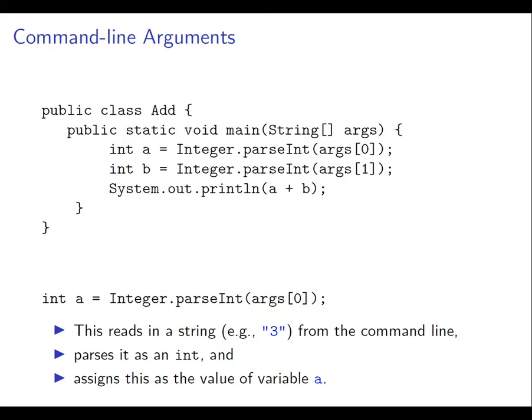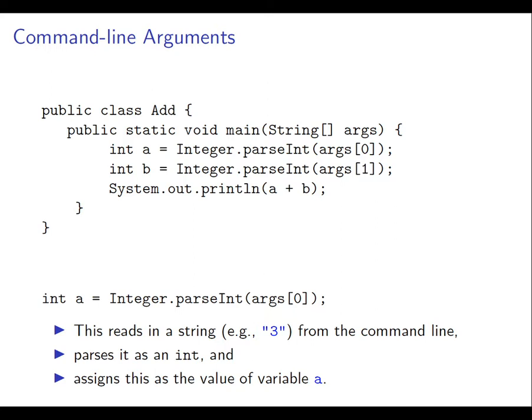You already met Integer.parseInt before. It was the mechanism that we used to translate from a string to an integer. Previously we saw it applied to a literal string. Now we're seeing it applied to something else, which is a string, namely args[0].